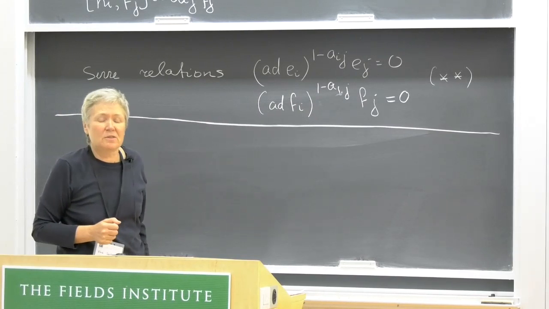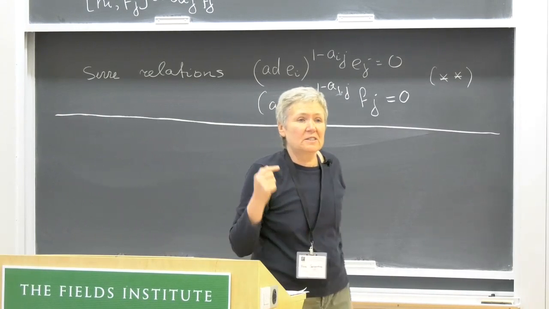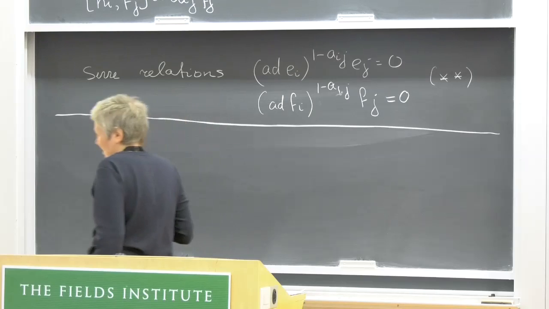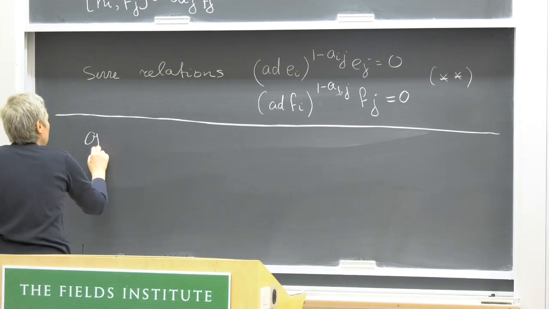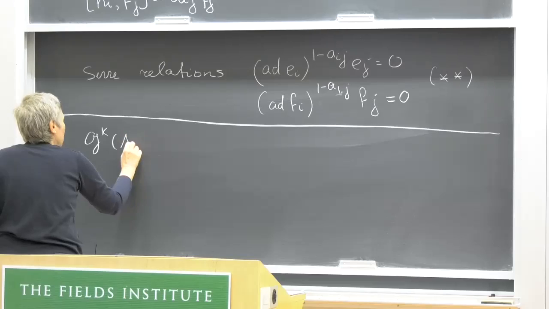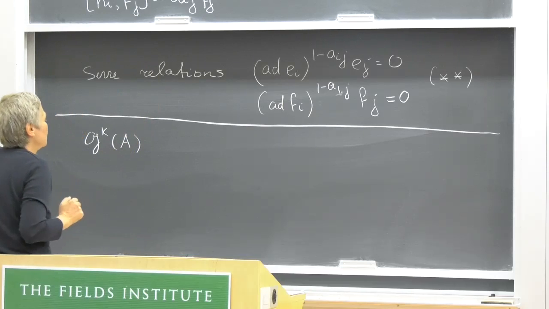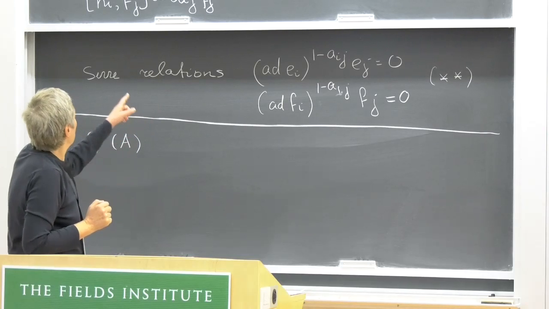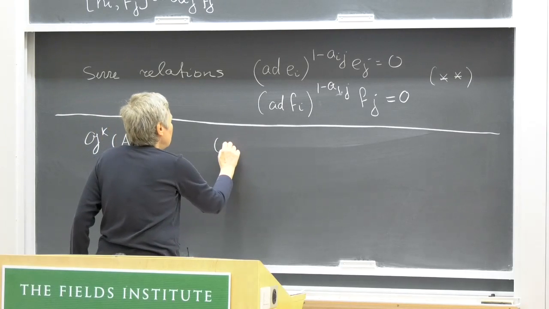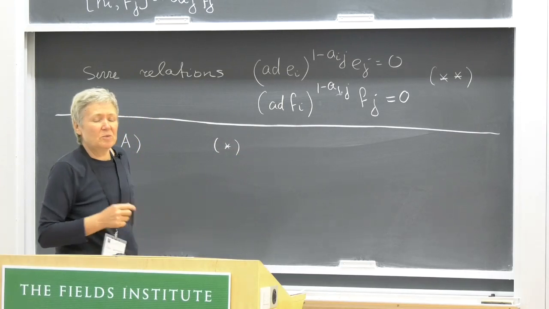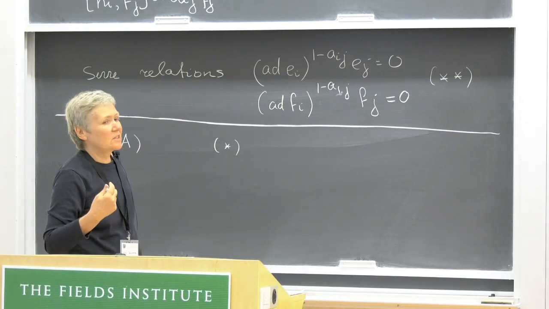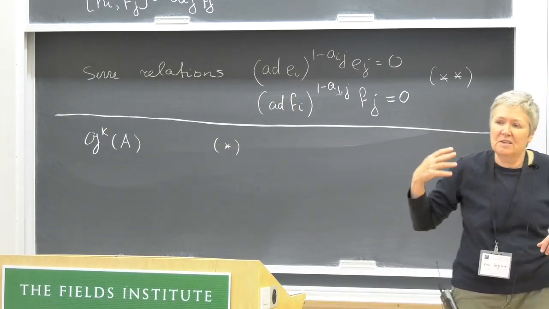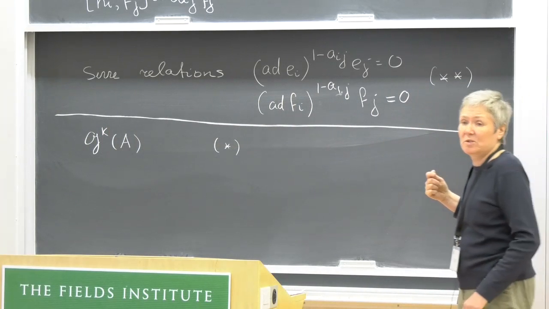Now I'm going to give definition 2, as it is given in the book of Kac. I'm going to call this algebra GK of A. The conditions are the same, but there is a little bit of technicality: if your matrix is degenerate, then you have to add certain elements to your Cartan algebra.